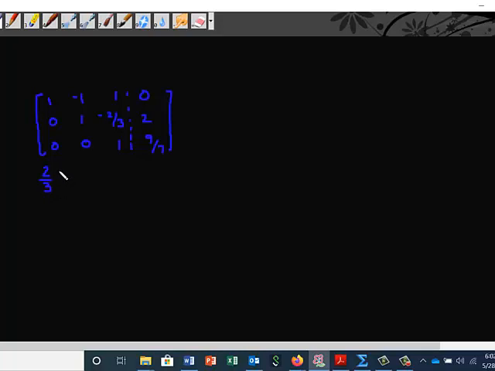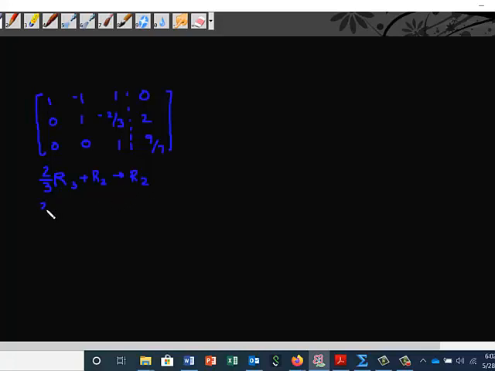All right, 2 over 3 times, let me write the algorithm out. So we'll take positive 2 over 3 times row 3, add it to row 2 to get the new row 2.